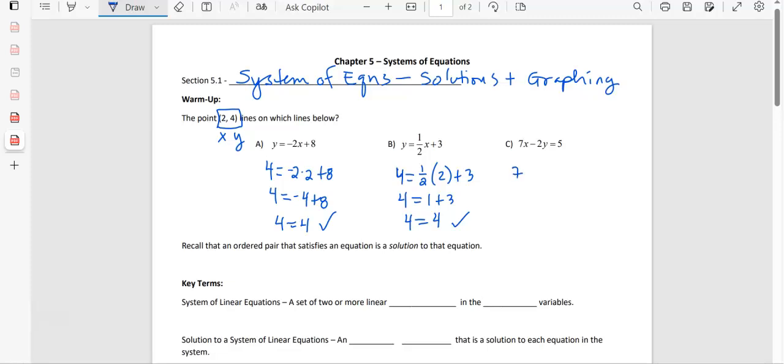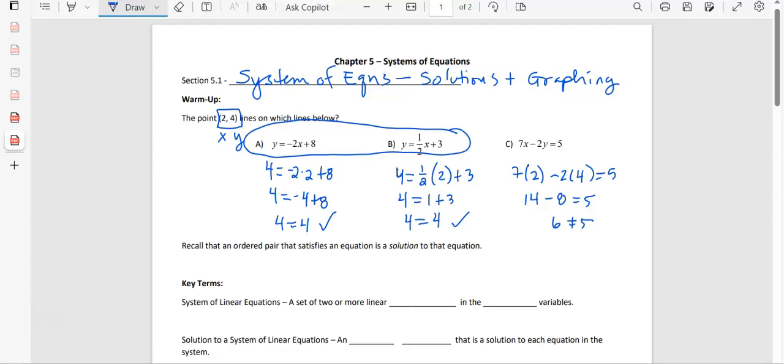The third line is in standard form, but it doesn't change the way that we would approach this problem. This third equation does not contain the point (2, 4). So as you can see, it does fall on lines A and B.